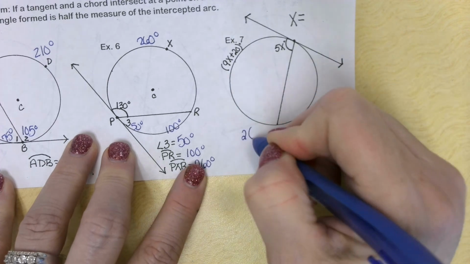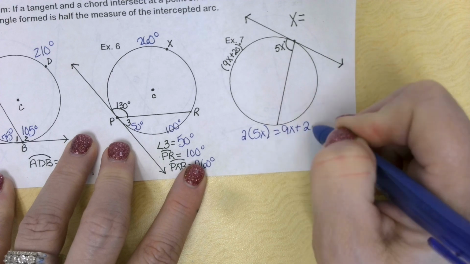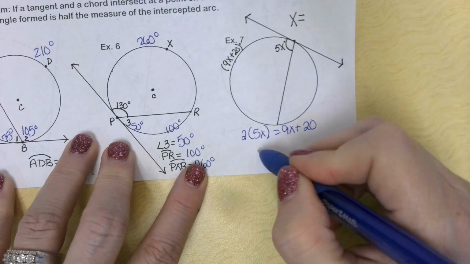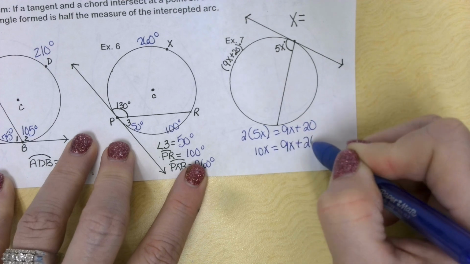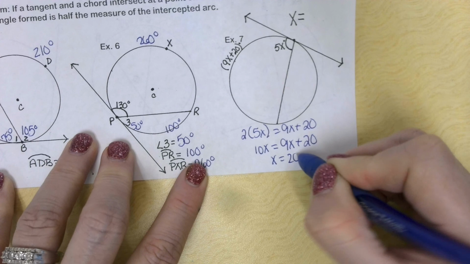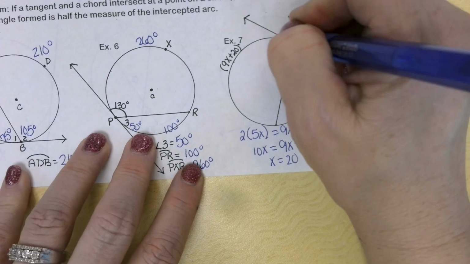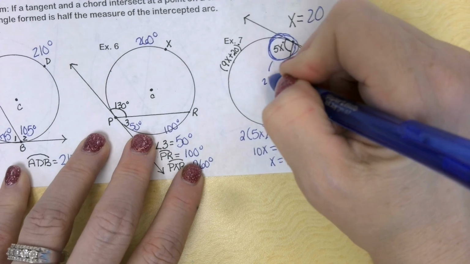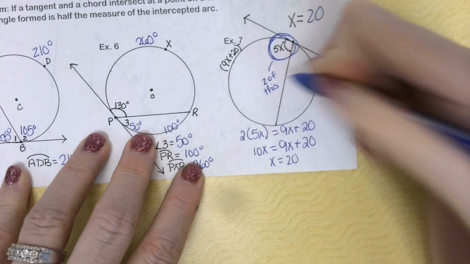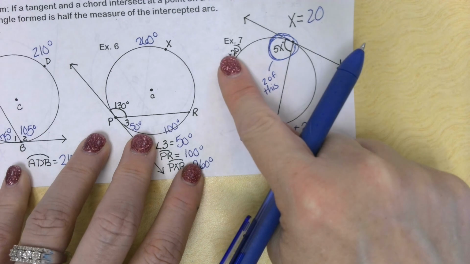So I'm going to say 2 times 5x equals 9x plus 20. 10x equals 9x plus 20, and x equals 20. So let's circle this and put we need 2 of this. You need 2 of that to equal that.